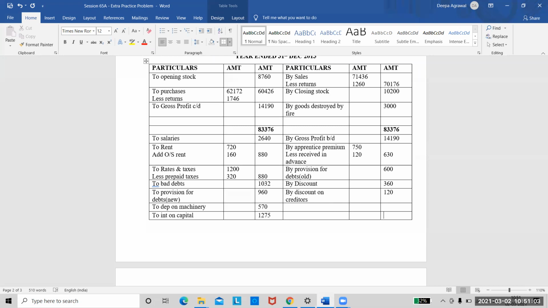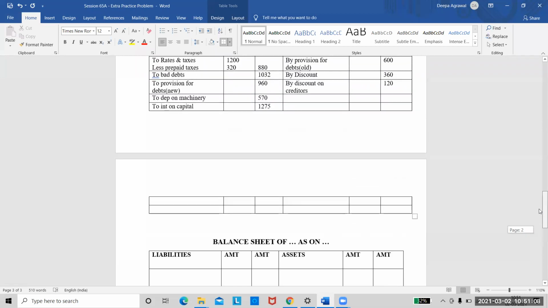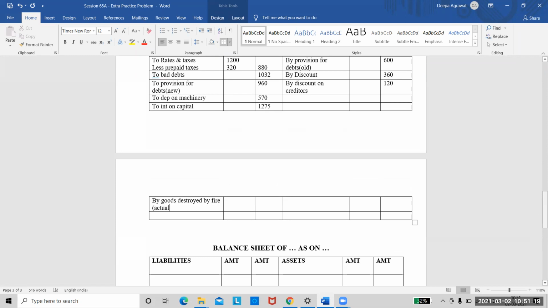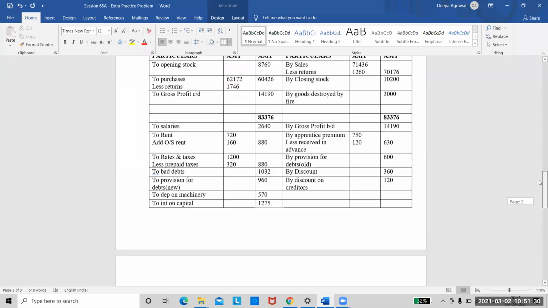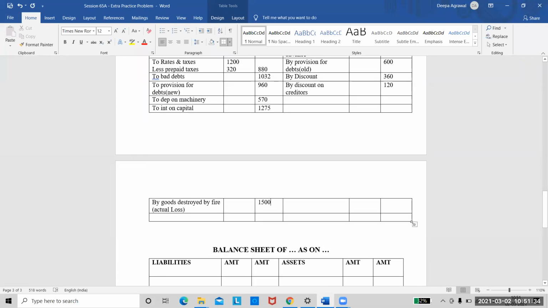And the last one is your loss due to fire, right? So we will write it as by goods destroyed by fire, in brackets actual loss. And how much is the actual loss? It is 1500. So we have taken all the adjustments. Everything is done. Now we need to balance the account and find out the net profit or loss.